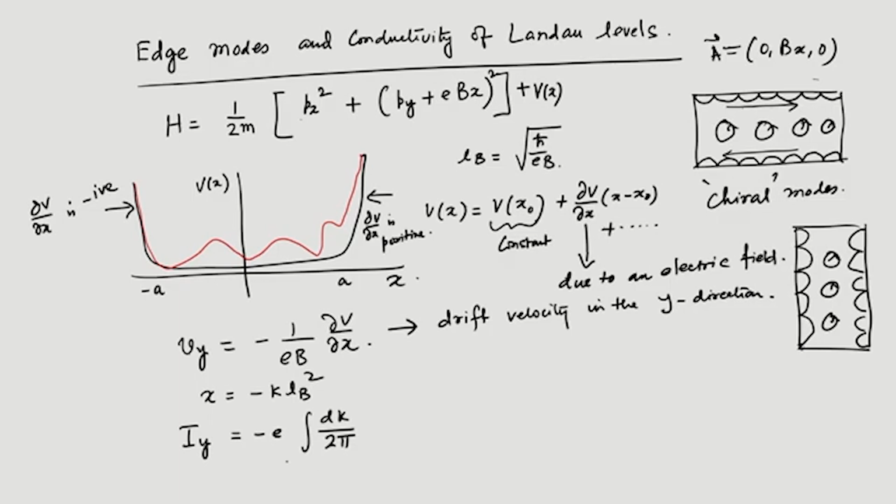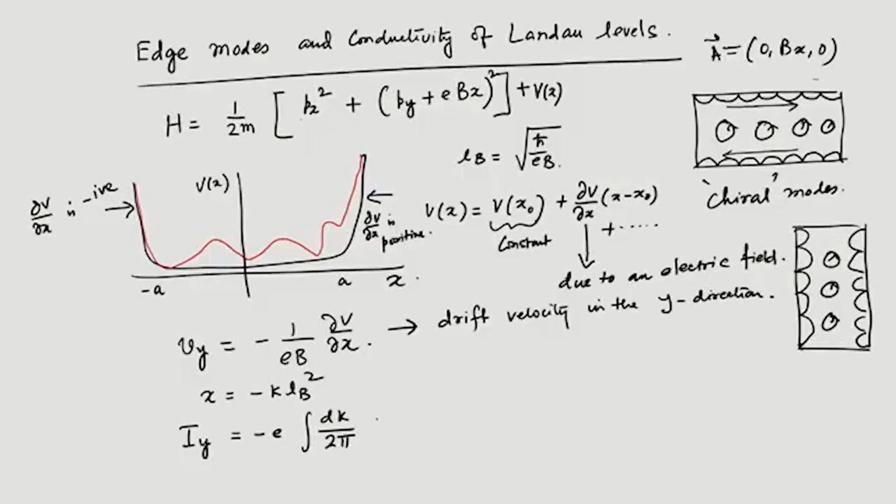This is like the one dimensional Brillouin zone, and dk is integrating over all the k modes or the momentum values, and then I also divide it by 2 pi, just so that it does not blow up, because the 1D Brillouin zone is from minus pi to plus pi, so this is divided usually by 2 pi. If you take a two-dimensional Brillouin zone, this will be like d2k divided by 2 pi whole square, and so on. Okay. So, this is in one dimension we are talking about.